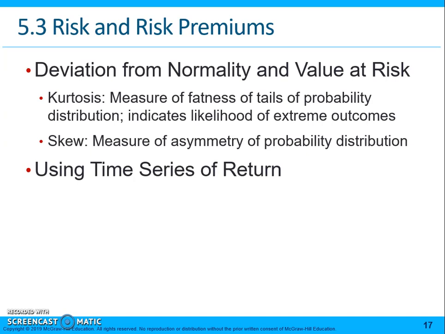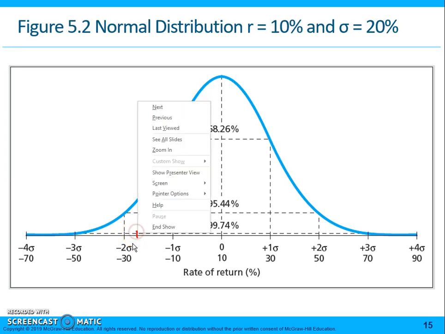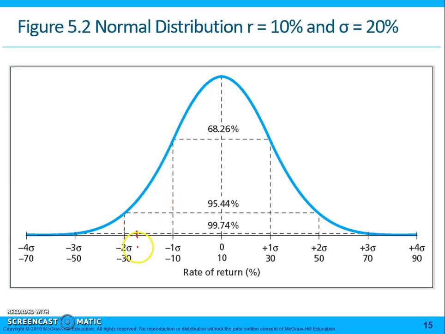But if we look at our distribution here, a 5% value at risk is typically associated with a standard deviation of minus 1.65. So that's basically what we're talking about, all these observations out here. So the likelihood of an event out here is what we calculate with value at risk.